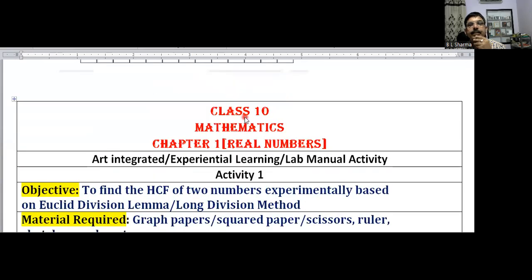So this is class 10th mathematics, chapter 1, that is real numbers, and the activity is art integrated or experiential learning or lab manual activity.